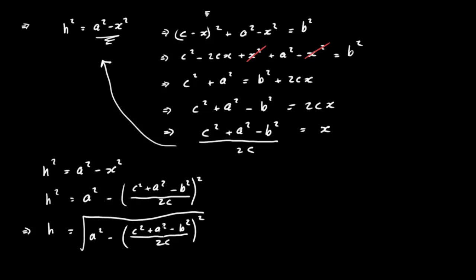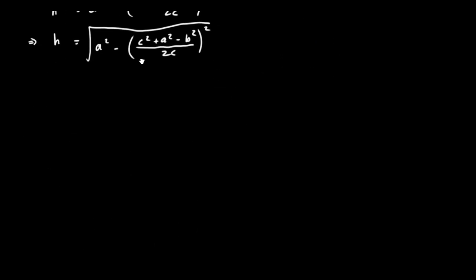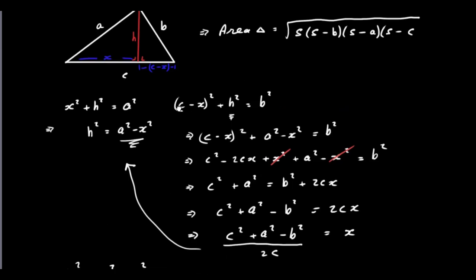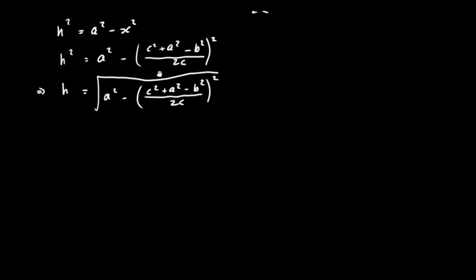Okay, so let's just look at the next step then. Let me just go back up here to our original diagram, which is a triangle with a base c and height h. So the area of our triangle is going to be half the base times the height, so half of c times h. So let's do that.